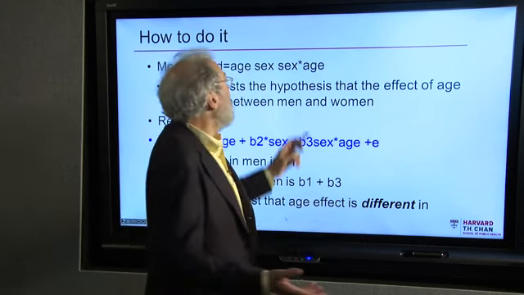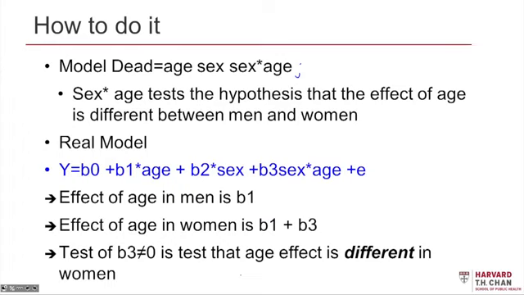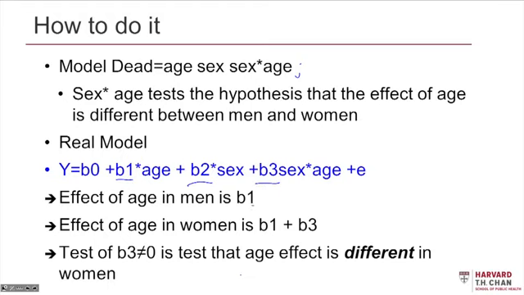So I would specify it this way in SAS, and if I now write out fully what the model produces, it says Y is B0, there's a coefficient of age, a coefficient of sex, an interaction term, and then some error term. So B1 is the effect of age in men, because we'll let sex equal 1 be women, and the effect of age in women is then B1 plus B3.